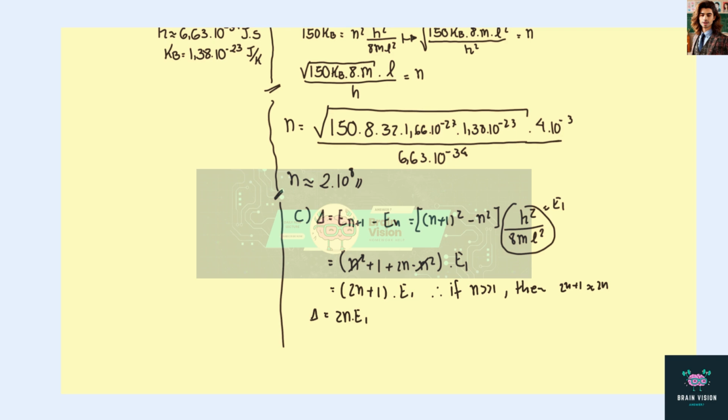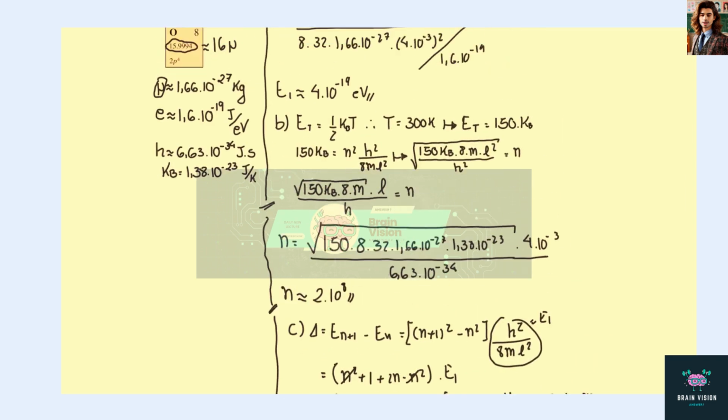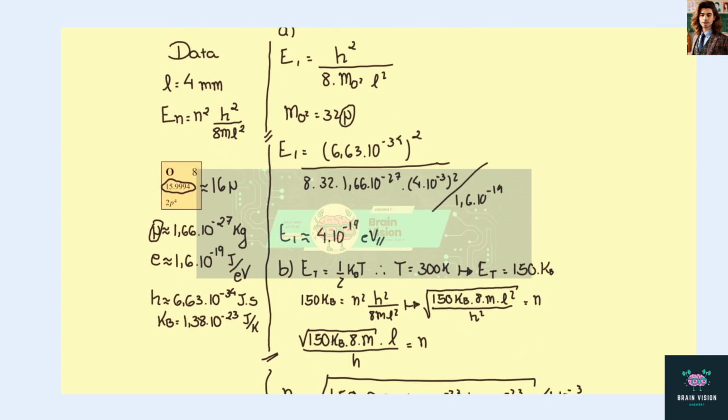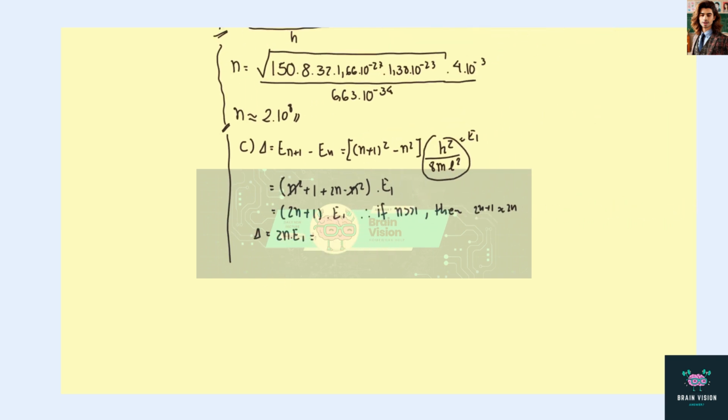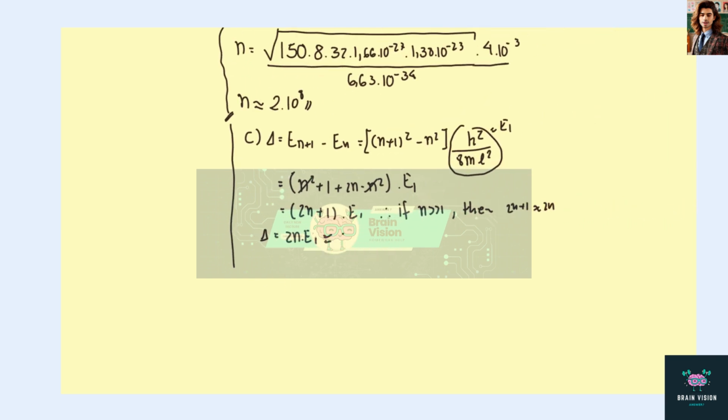We had already evaluated U1. To remember, 4 times 10 to the minus 19. So the energy gap is approximately 2 times n times 4 times 10 to the minus 19 electron volts. And this is finally equal to 2 times 4 times n, which is 2 times 10 to the 8, times 10 to the minus 19.